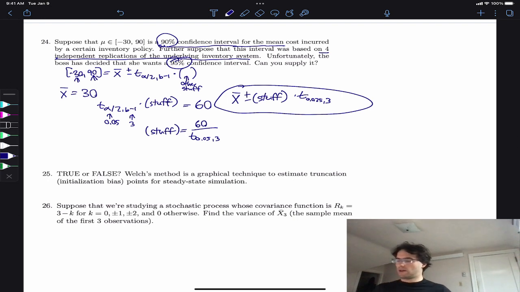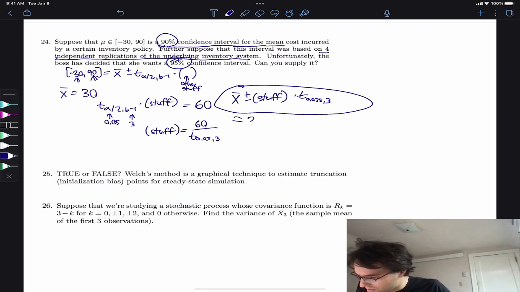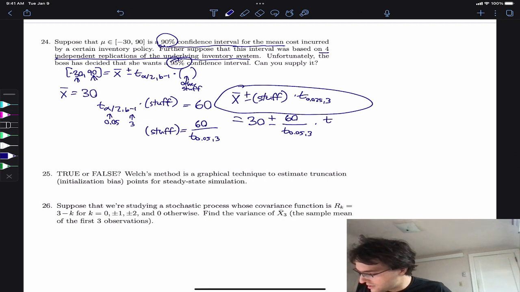And so another way of writing this, of course, we know what our x bar is, which is 30, because we calculated that earlier. We know what our stuff is. Our stuff is this 60 over t 0.05 comma 3, and then we multiply it by this value, t 0.025 comma 3.